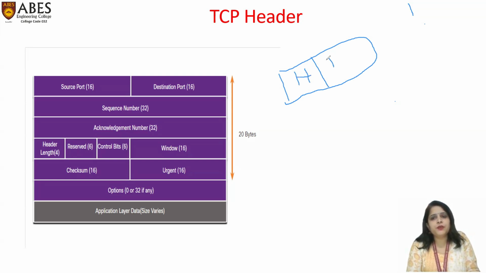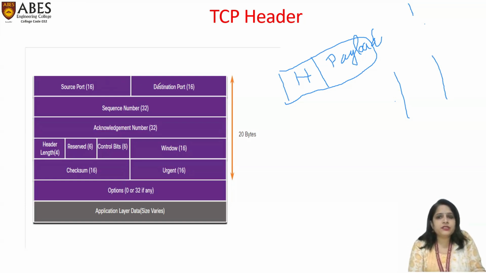Payload is nothing but pure data, which is received from the higher layer, the application layer. So when the TCP protocol transmits data between sender and receiver, it always adds its header to this data.